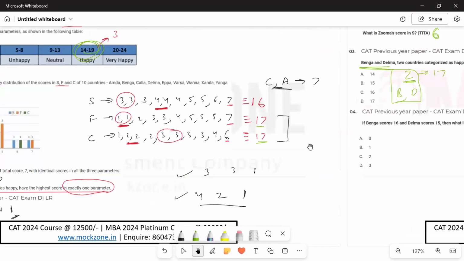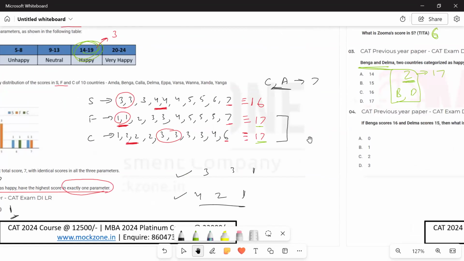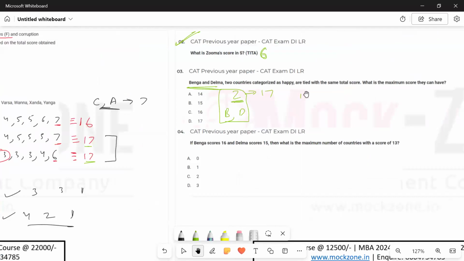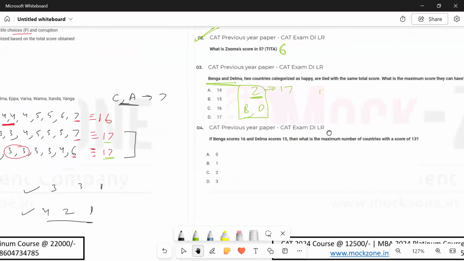So Z is 17, so what is the maximum value B and D can have, because they both have the same total score.